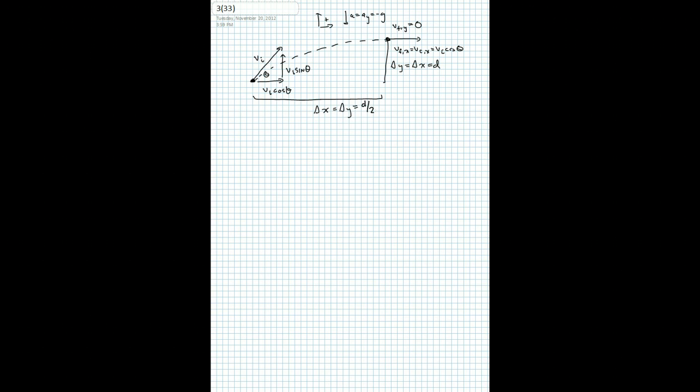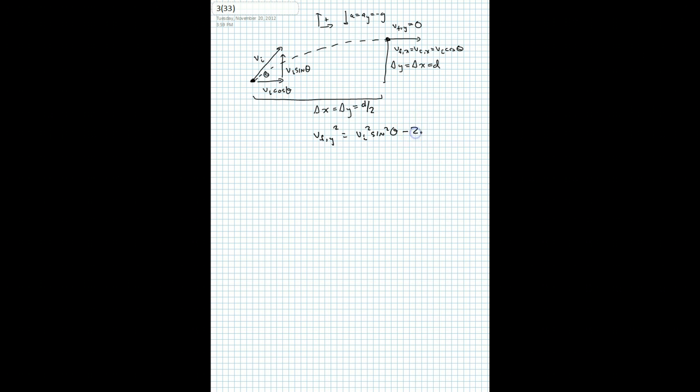Anyway, since we're looking for the highest point, I'm going to try to develop an expression for that highest height d first. I know at the top v of y is 0, I have an expression for v iy, and I know my acceleration. So I'm going to use v of y squared equals viy squared, which is vi squared sine squared theta, plus 2a delta y.